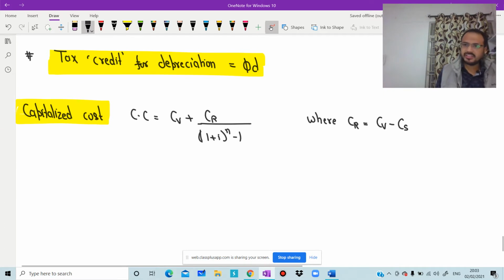CR is the replacement cost, CV is the initial cost, CC is the capitalized cost.